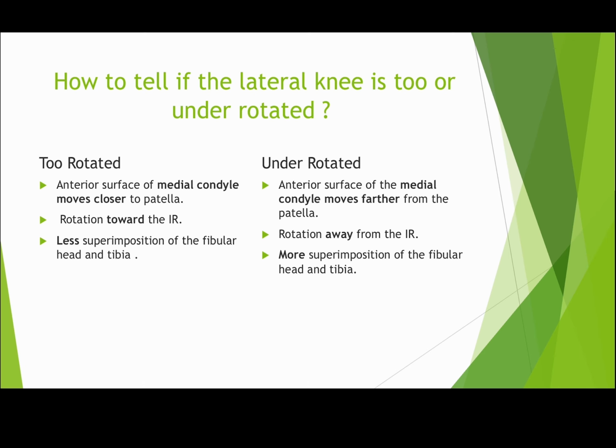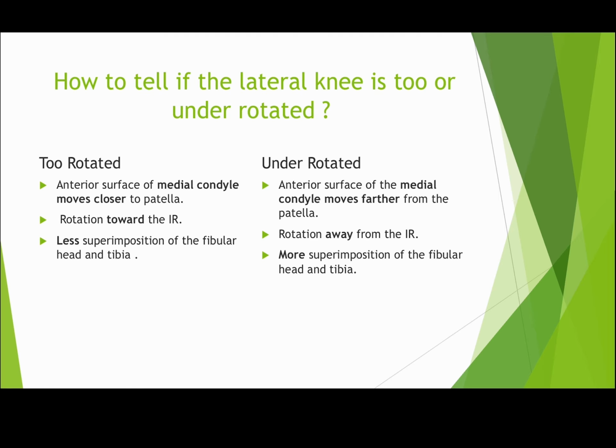So here's a list of how to tell if a lateral knee is over or under rotated. Over rotated, the anterior surface of the medial condyle moves closer to the patella, while under rotated, the anterior surface of the medial condyle moves further from the patella. So, of course, over rotated means it's rotated towards the IR.